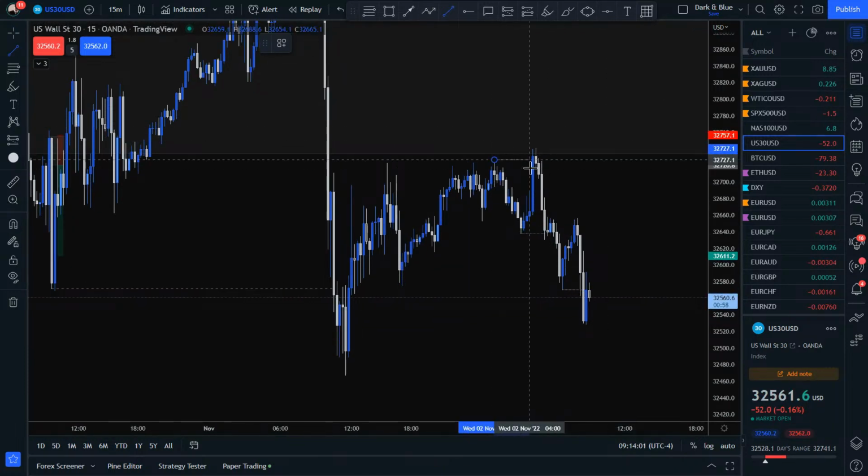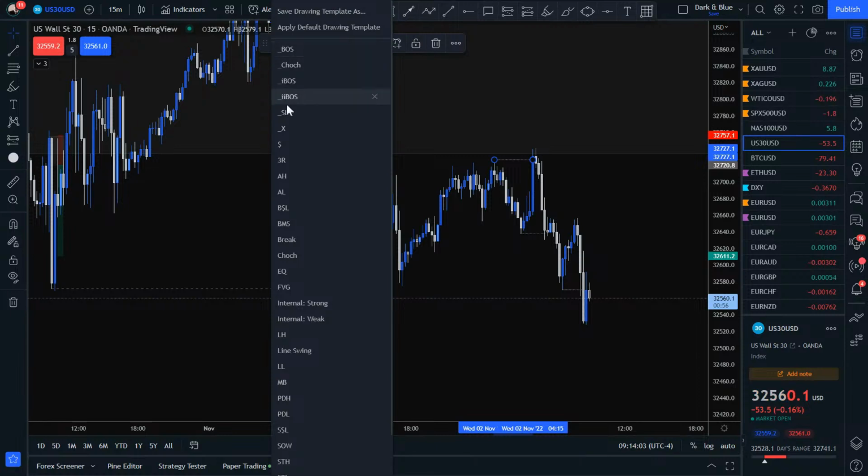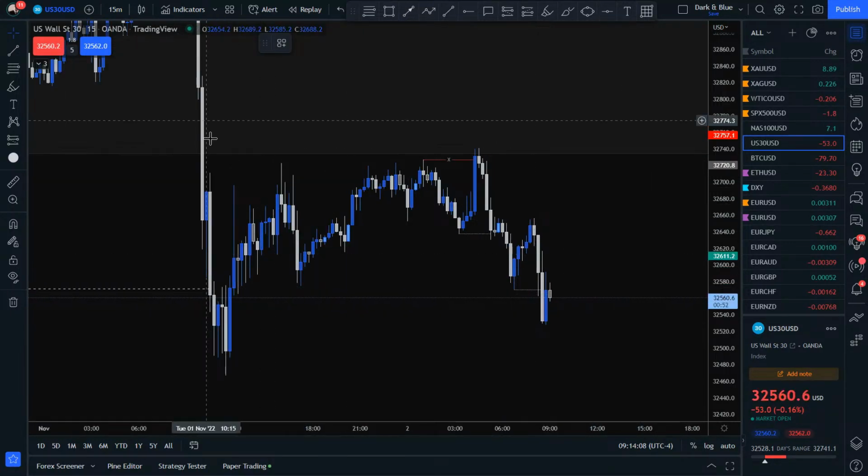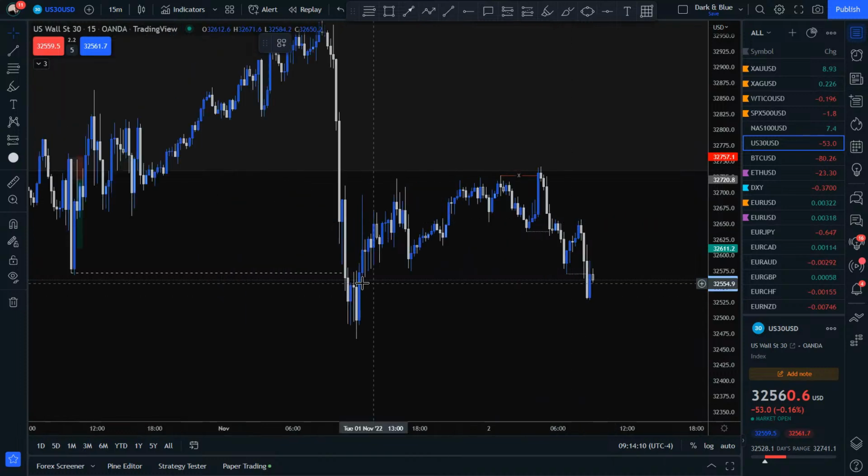I thought I put this liquidity sweep here. Okay, so here's the deal, though. I'm looking at this low. If price doesn't take this low, then I believe this high becomes the target. I believe that price will take that high.